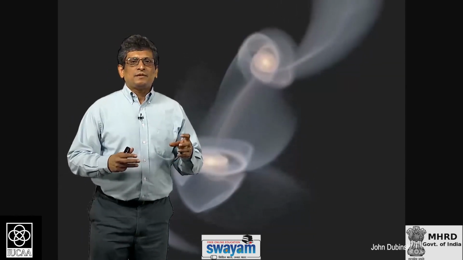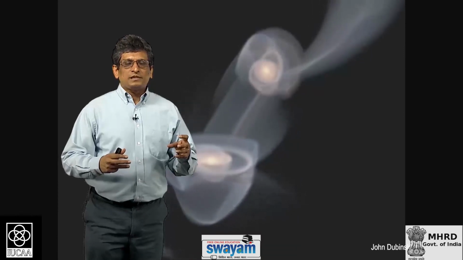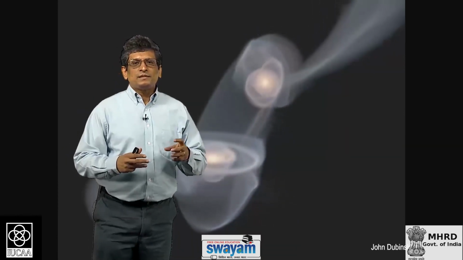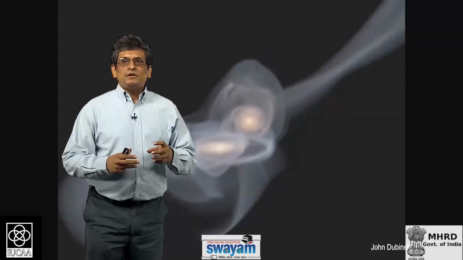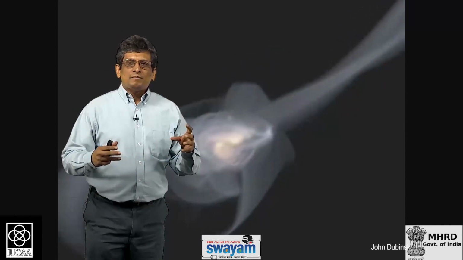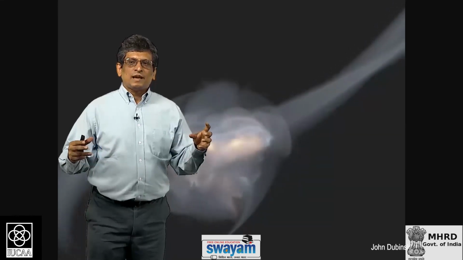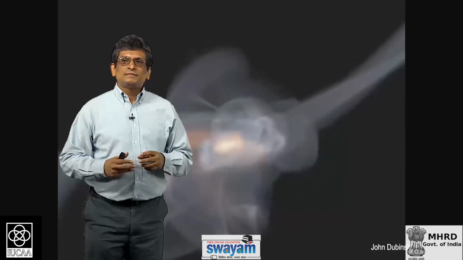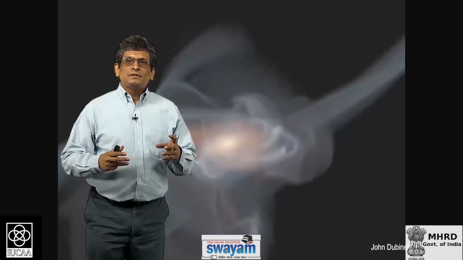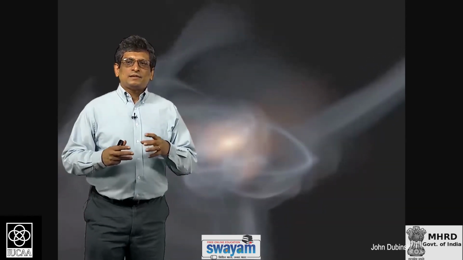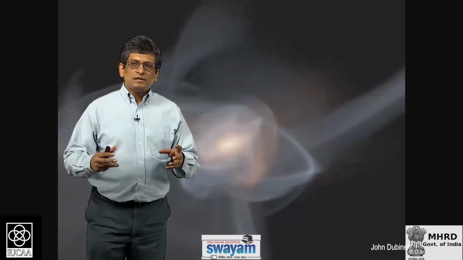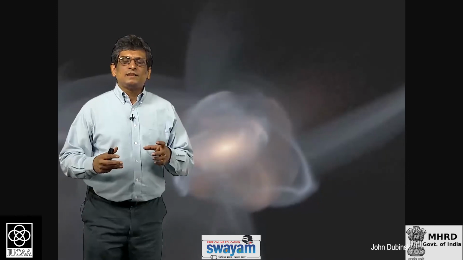In the first pass they are going to pass each other in about 4 billion years and then come back because of their mutual gravity, and you can see the various arms and tidal features that will result from it. And in the end, all the stars and the gas and the dust and the dark matter along with it, which we don't see in this simulation, will be merged into one single galaxy.